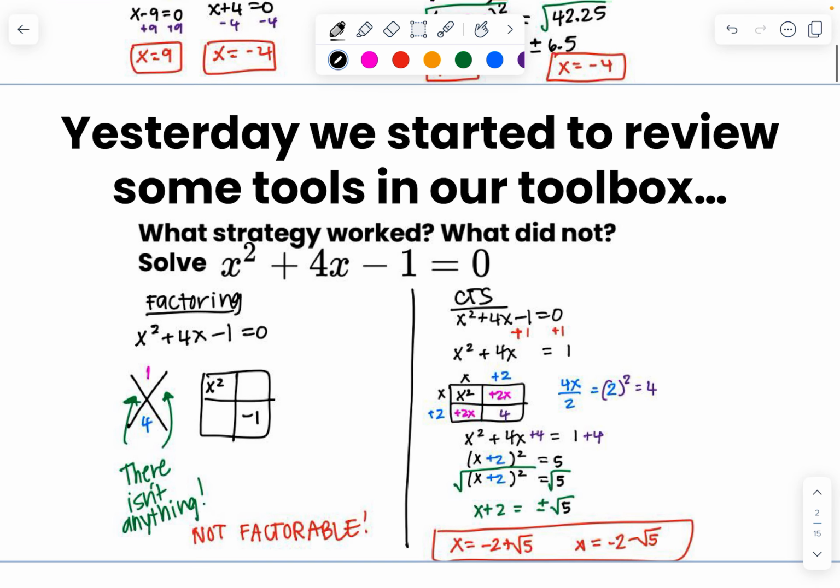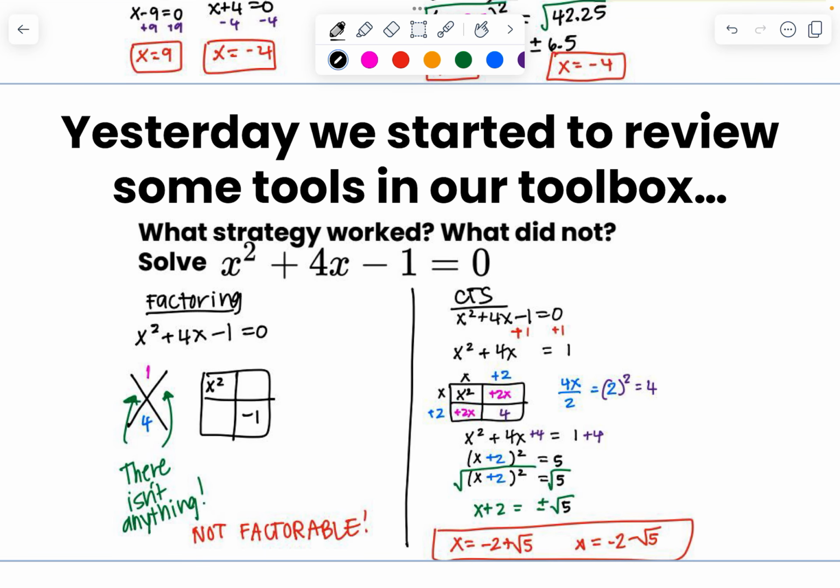And our next problem was x squared plus 4x minus 1. But here in this example, you can see that factoring did not work. When we look over here, factoring was impossible because I needed to do 1 times negative 1. That's how I got this, typo, negative 1 up here, right?